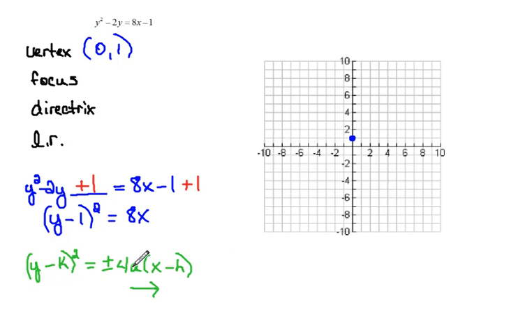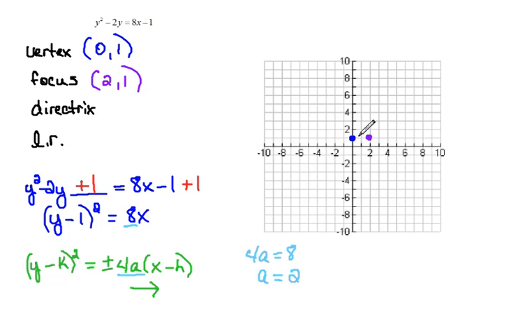And we're going to know about the focus because look at what's in the 4a position. It's an 8. So if 4a is 8, that means a has to be 2. That tells us it is 2 units over to the right to get to the focus, which would be the point 2, 1.